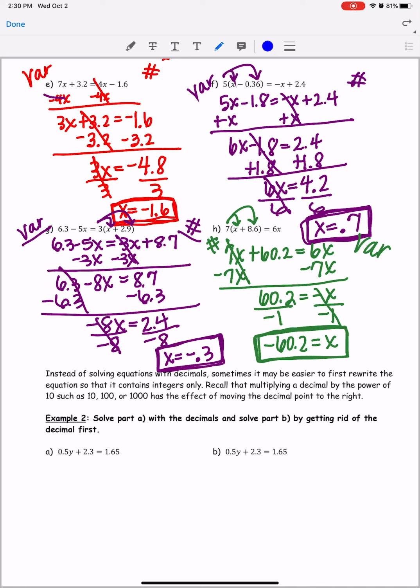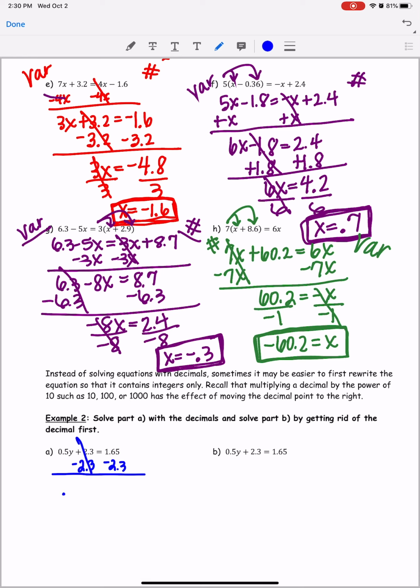So, example 2, solve part A with the decimals. So, solve this one just like you normally would. So here, how would we solve this for y? Well, we know that the opposite of adding 2.3 is to subtract it. And we're going to do that to both sides.